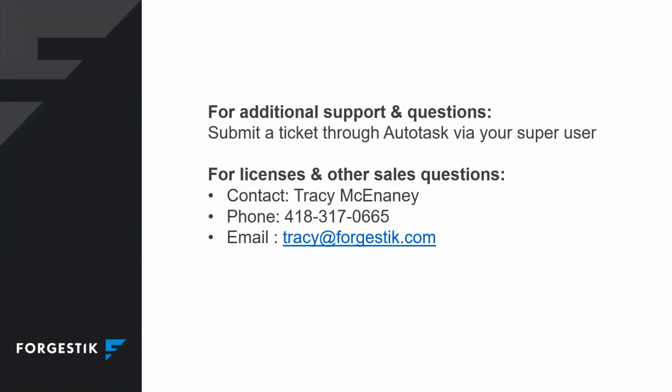So if you want an S number for yourself or for any of your employees, everybody who has a license can get an S number and have access to all of this. So you simply have to submit a ticket through the portal, and our support desk is going to help you with it. And if you don't have access to that, you can always send me an email or call me and I can help you out. So that's that.